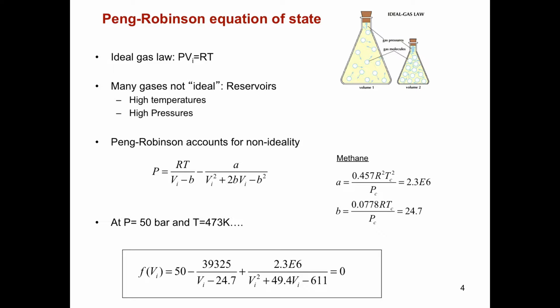So the way I will pose this problem is, I will give myself P and I will give myself T, and then I will plug them in and reformulate this equation as a function of V equal to 0. So when I put P as 50 and T as 473, and this is already multiplied by R, the gas constant, then I will have 50 minus all of this is equal to 0.